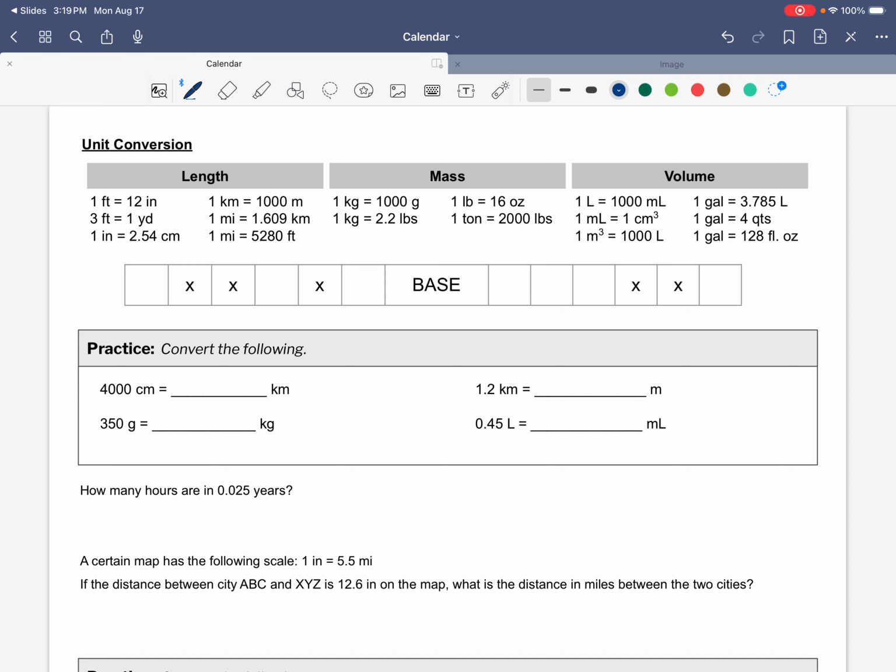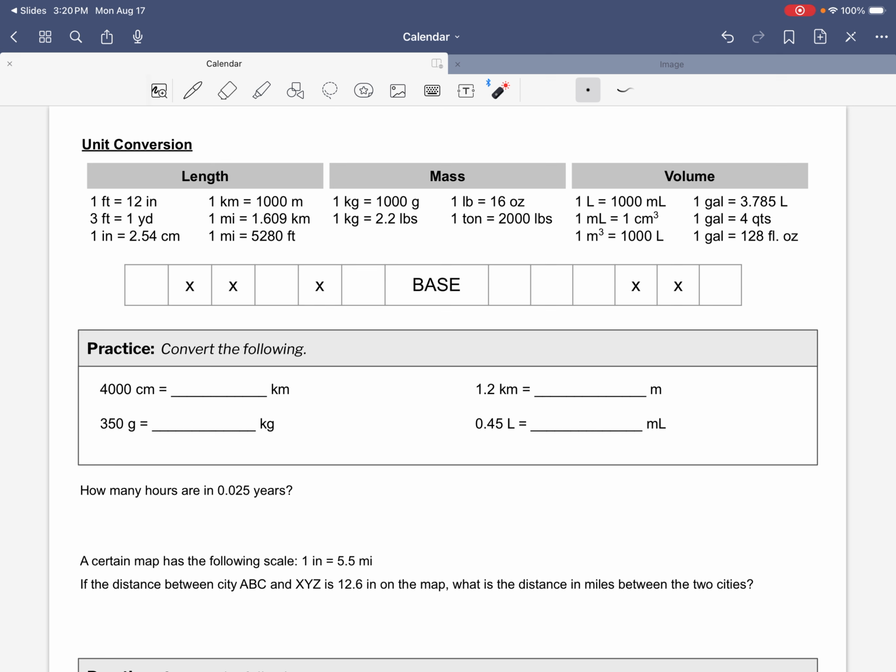You'll see the ones that go, for example, miles to kilometers, or inches to centimeters. Those both are converting from imperial to metric. Same thing with kilograms to pounds. That's also doing that. And then we also have one for volume.